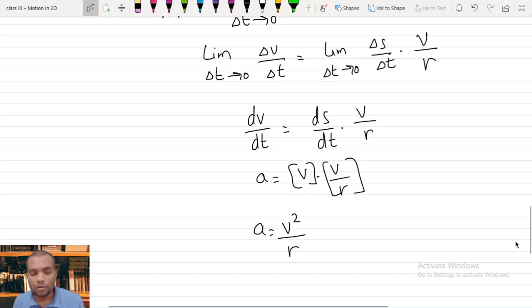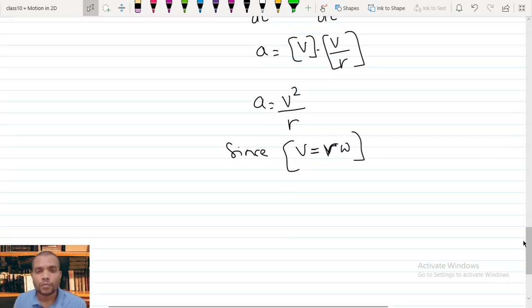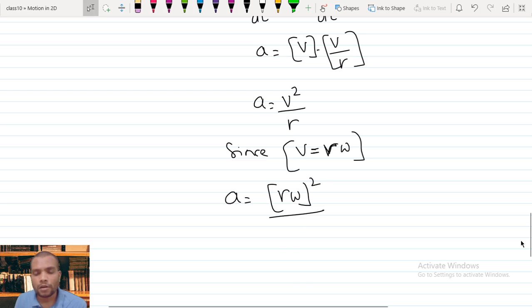And here we want the centripetal acceleration in terms of angular velocity. Since v equals r omega, which is the relation between linear velocity and angular velocity, substituting there, a equals r omega square upon r. If you cancel that, we get omega square times r.